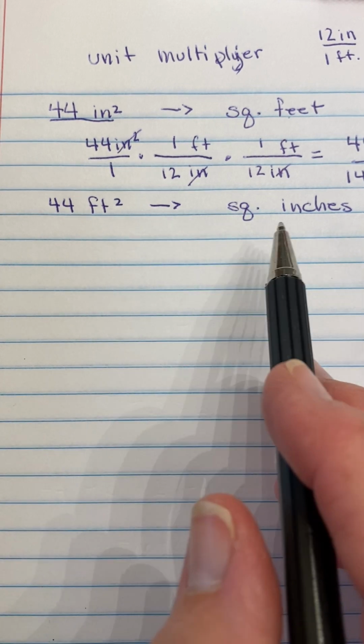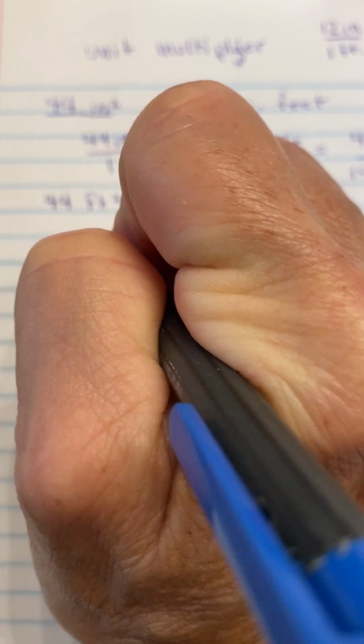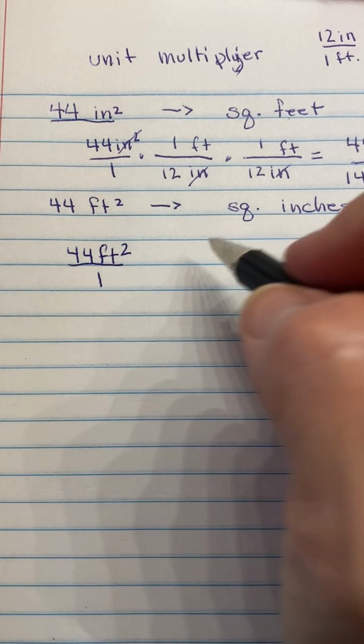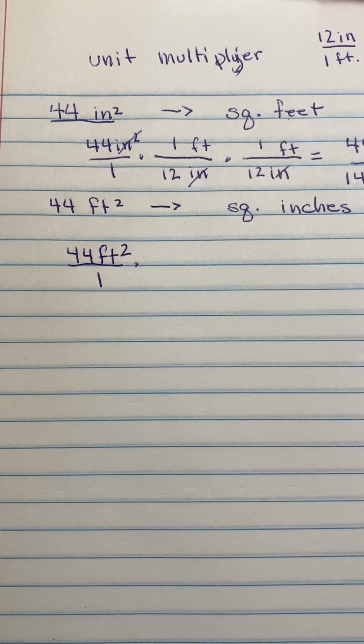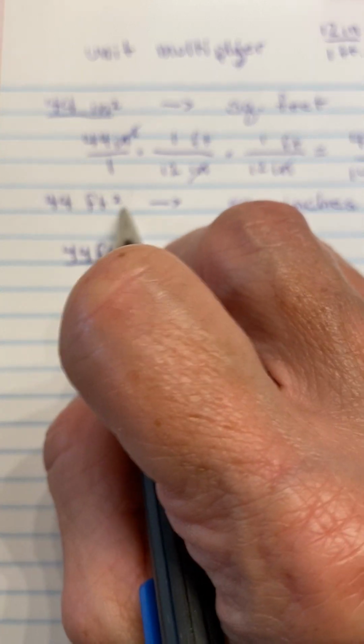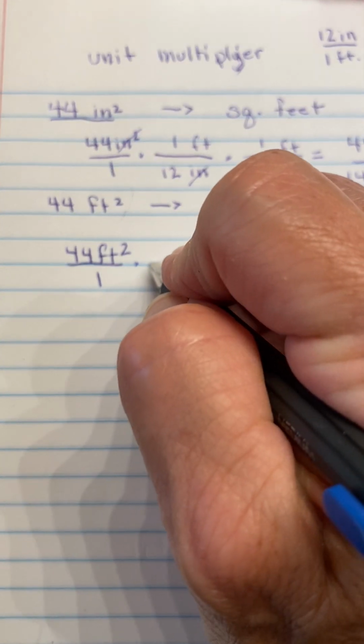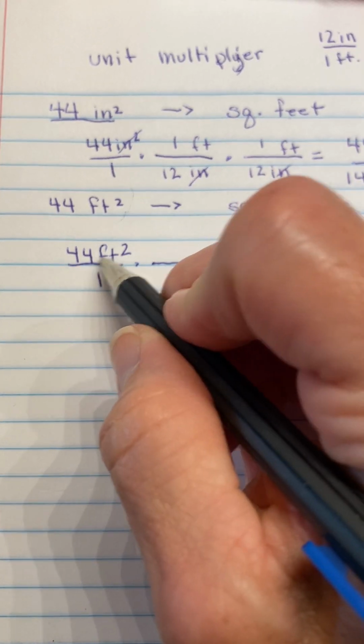All right, so just to show you that the same process works if we have 44 square feet and want to know how many square inches that is. So again, begin with what you have. You can put it over 1. Then we're going to multiply this by the unit multiplier. So we have feet squared, we want inches squared. So we have to cancel the feet.